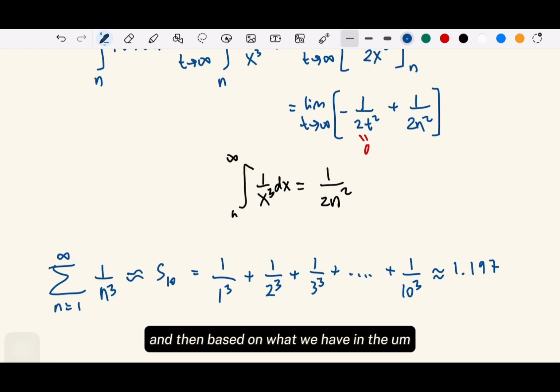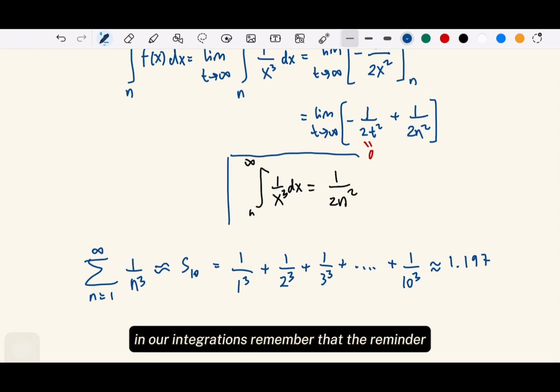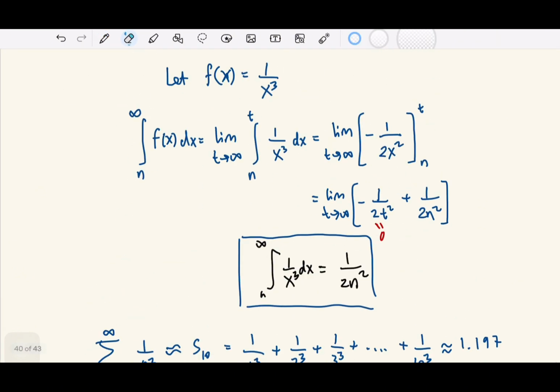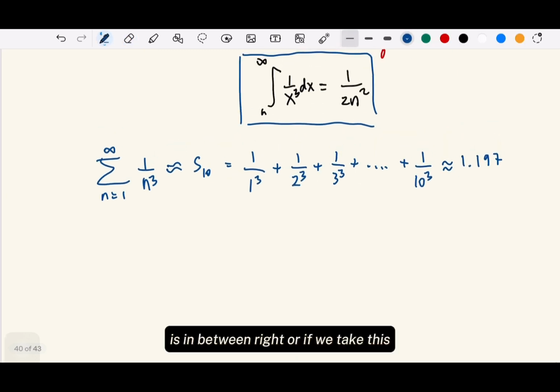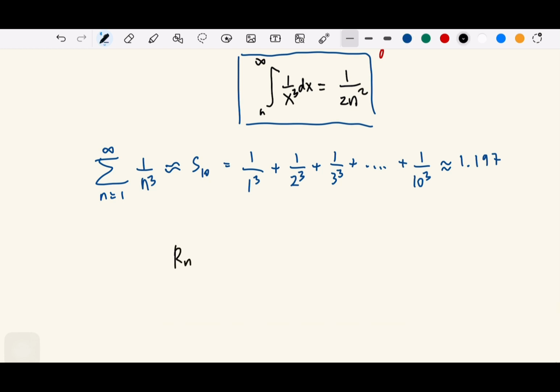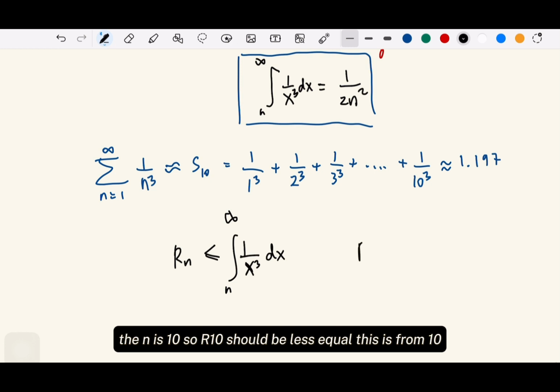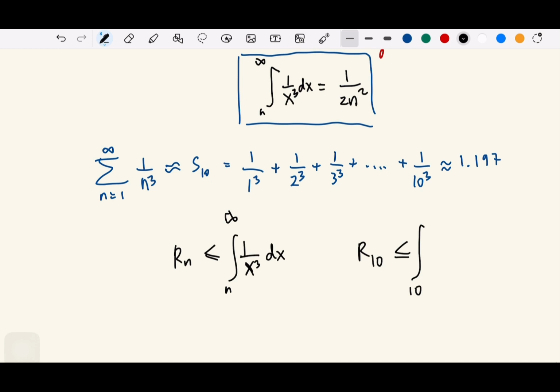Then, based on what we have in our integrals, remember that the remainder is in between. If we take these integrals, then with n equal to 10, R10 should be less than or equal to the integral from 10 to infinity of 1 over x cubed dx.